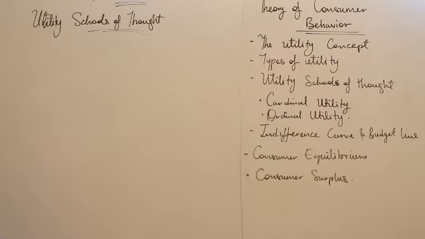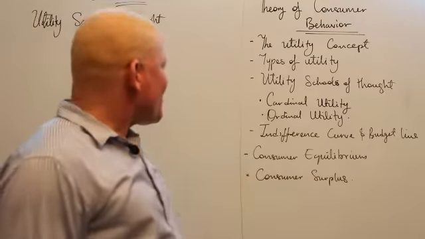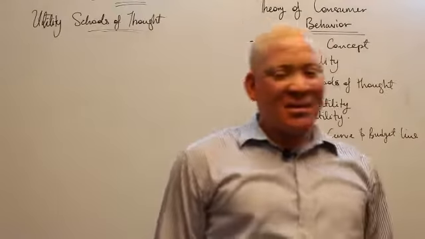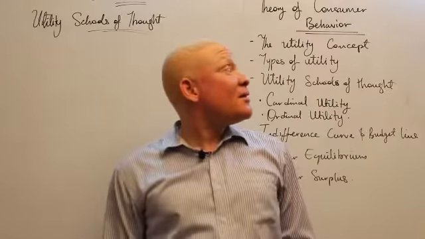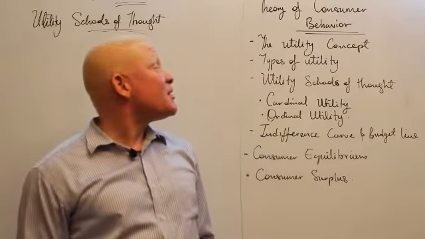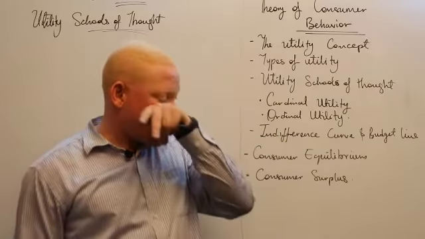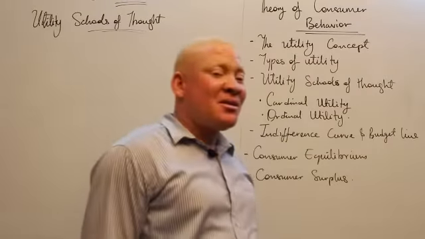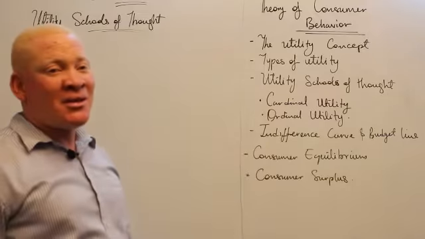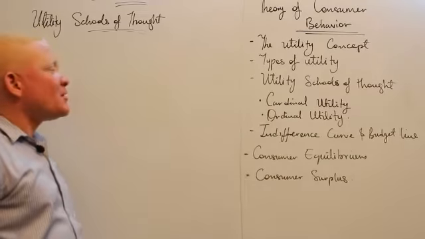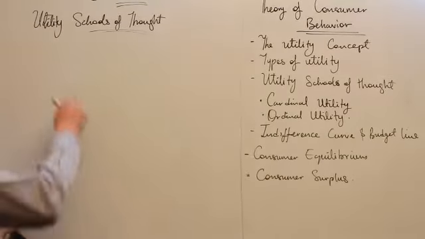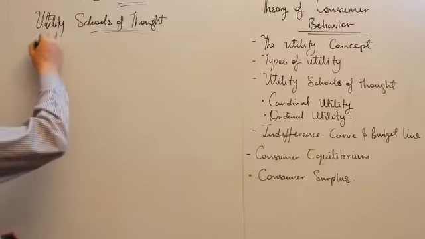Ready? Okay. Now, moving down to the third one from the outline on this topic, on the study session, you have the utility schools of thought, or we call it the approaches to the study of utility.